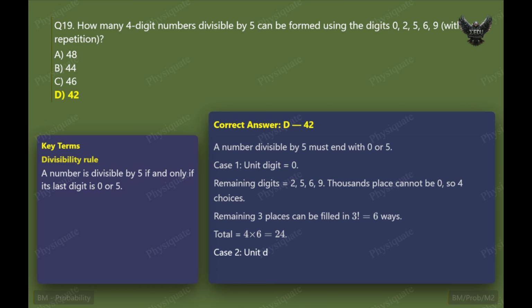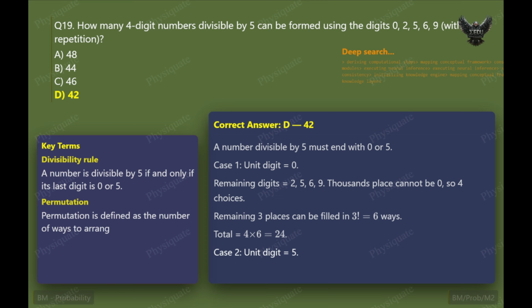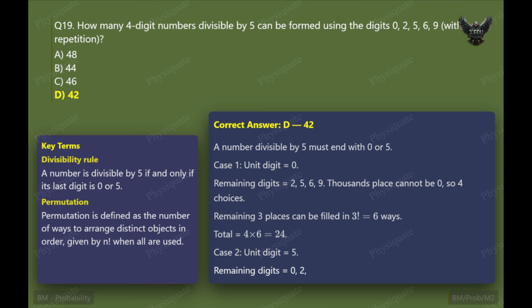Case 2, unit digit equals 5. Let us examine permutation. Permutation is defined as the number of ways to arrange distinct objects in order, given by n factorial when all are used. Remaining digits equal 0, 2, 6, 9.